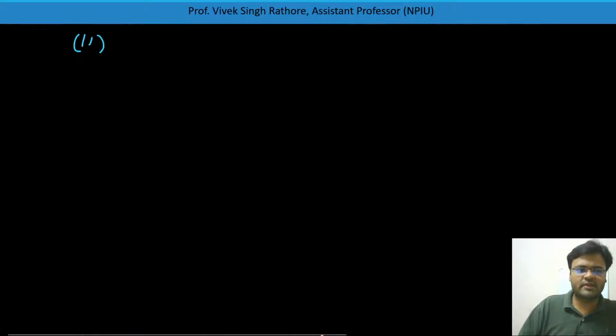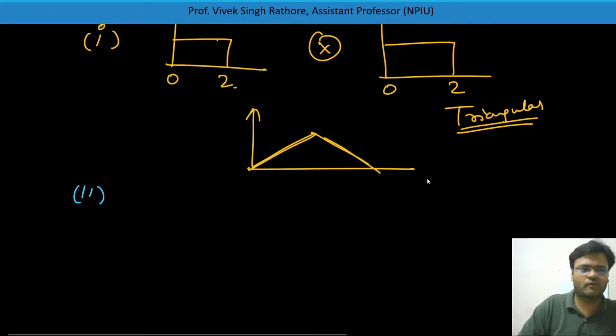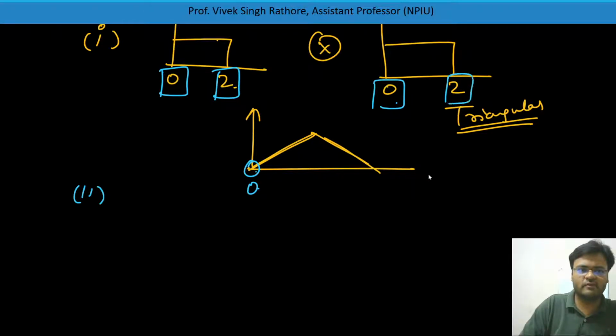It means that whenever two signals are convolved, the initial value will be this value plus this value, so it will be 0, and the final value will be this value plus this value, 2 plus 2, 4. So this value will be final.